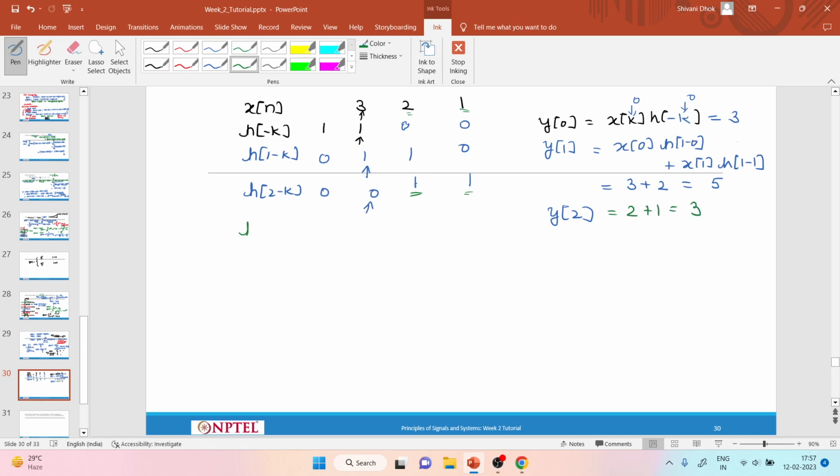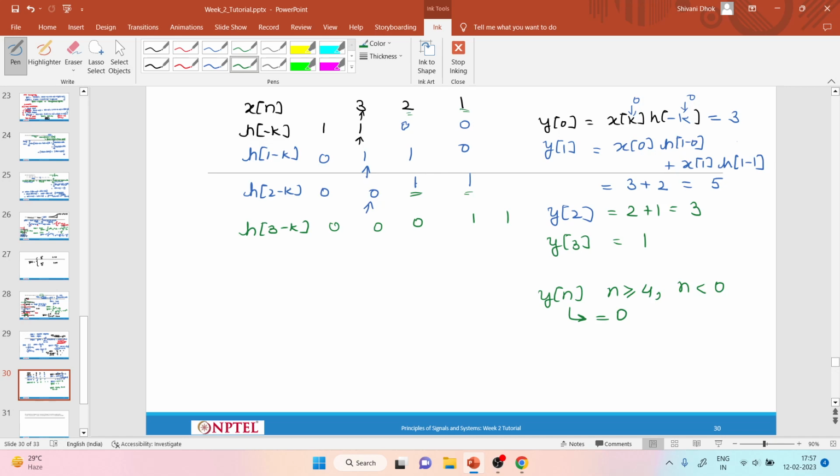And for h of 3 minus k, there will be again only one overlap of 1 and 1, so my y of 3 will be 1. Now if we observe here, after n equal to 4 there won't be any overlap with x of k, and therefore for n greater than or equal to 4, y of n will be equal to 0. Similarly, for n less than 0, it will be equal to 0.